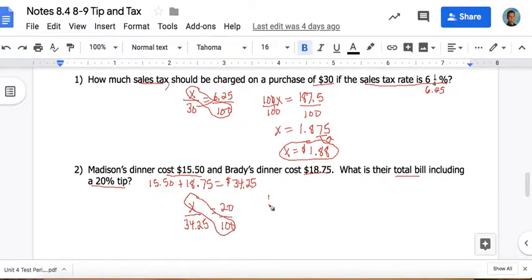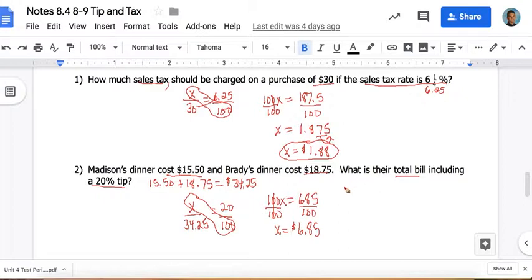So 100 times x is 100x, and 20 times 34.25 is 685. Opposite of multiplication is division, so we're going to divide by 100. 100 divided by 100 is a 1 in disguise, and 685 divided by 100 is $6.85. But what I just found there was the tip.